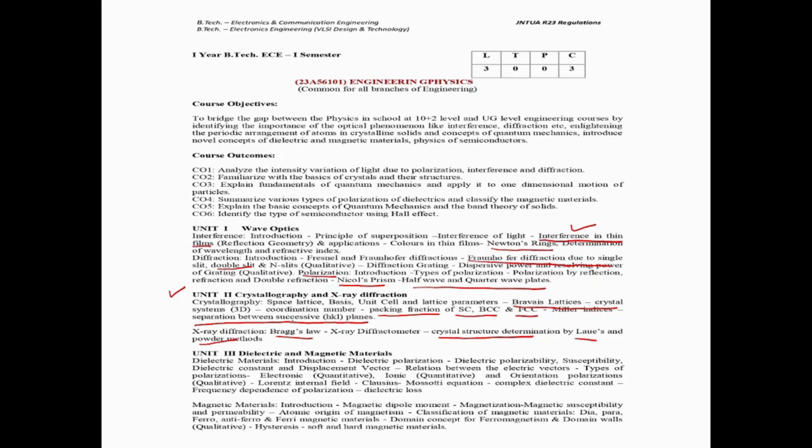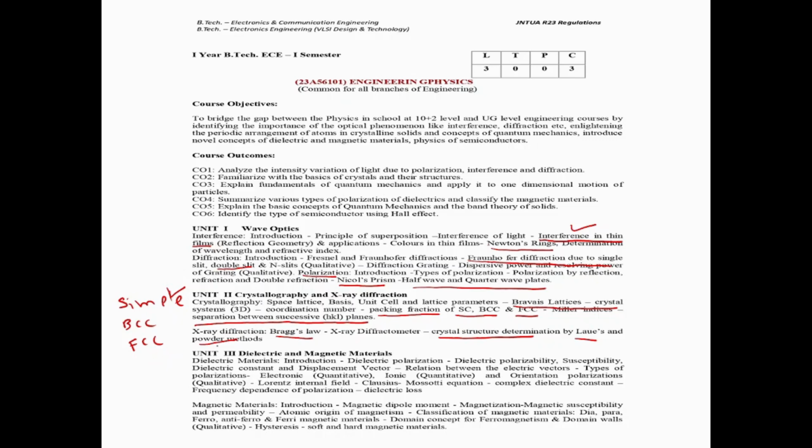I am repeating once again, students have to focus on crystallography and X-ray diffraction. In this second unit, students have to concentrate on the three structures: number one, simple cubic structure, number two, body centered cubic structure, number three, face centered cubic structure, and number four, determination of the distance between successive lattice planes.